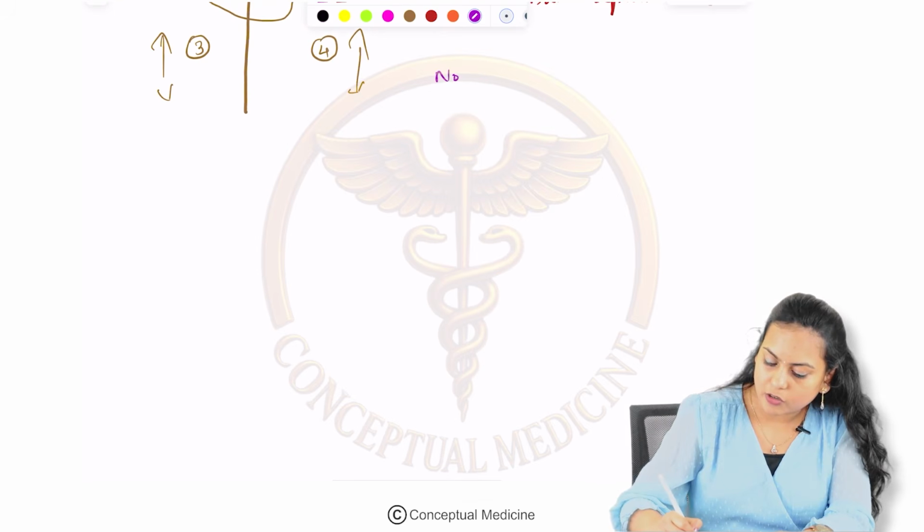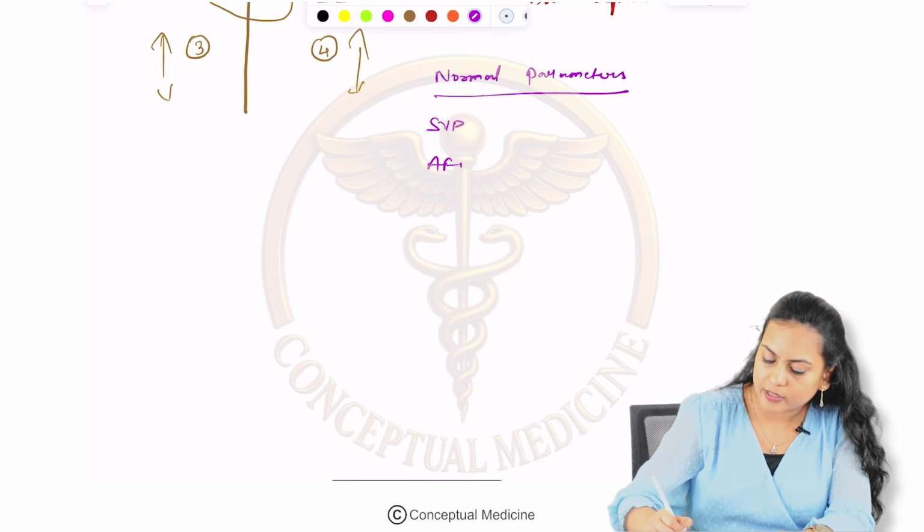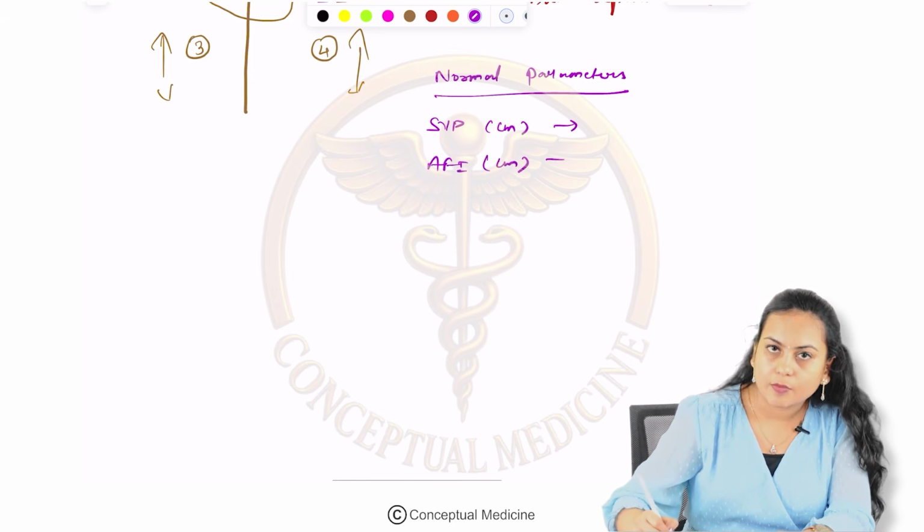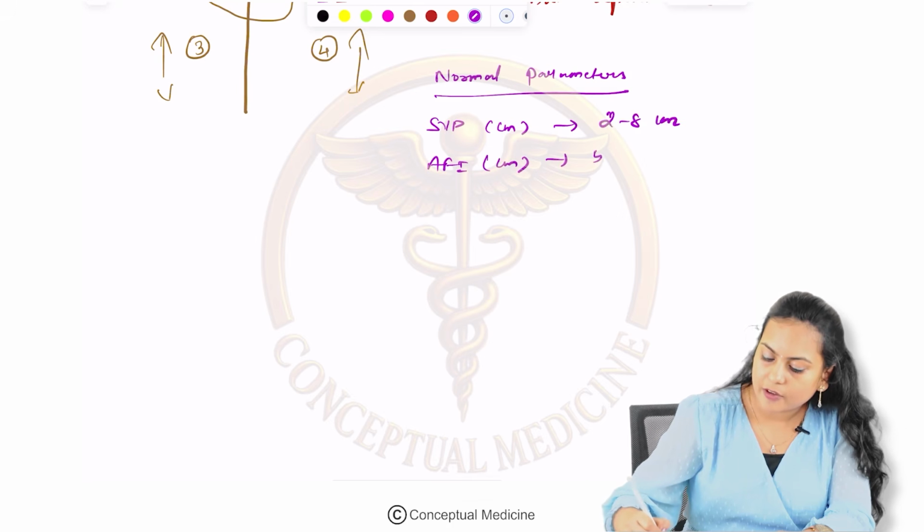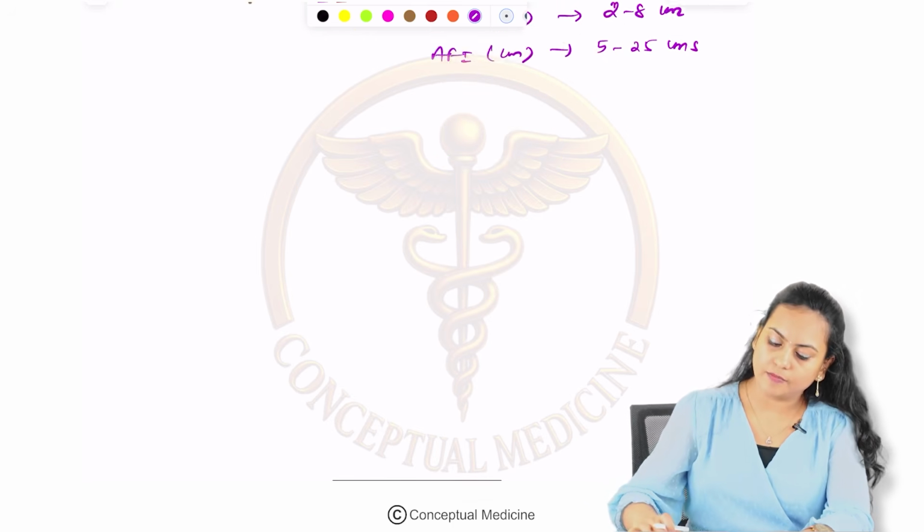What are the normal parameters of this single vertical pocket and amniotic fluid index? Okay, I'll be telling it in centimeters. Single vertical pocket normal ranges between 2 to 8 centimeters, and AFI values are between 5 to 25 centimeters, right?